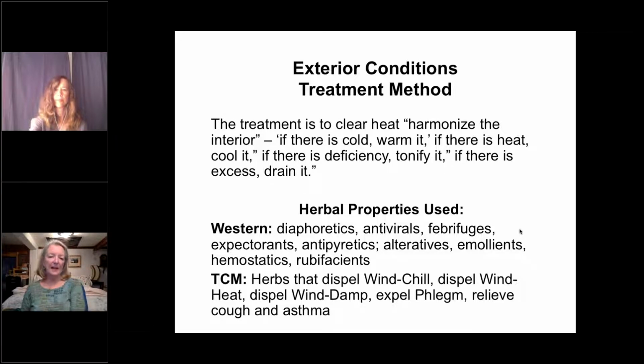In TCM, the categories are called dispel wind chill, dispel wind heat, dispel wind damp, expel phlegm, relieve cough and asthma. So you can go right now into your course and look up all of these categories and just scan the herbs that are in these categories so you get an idea of them.